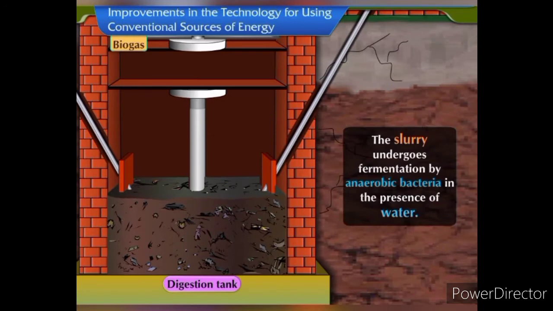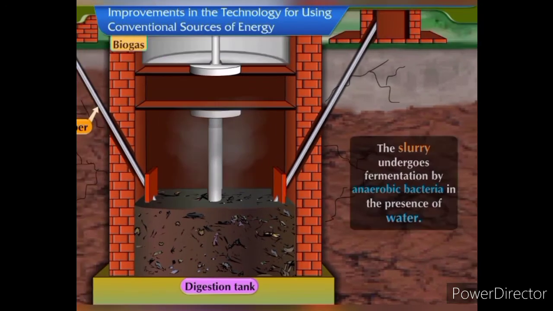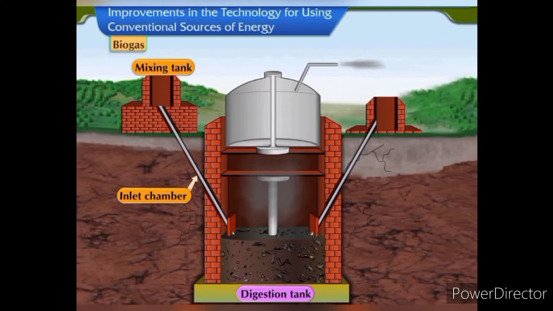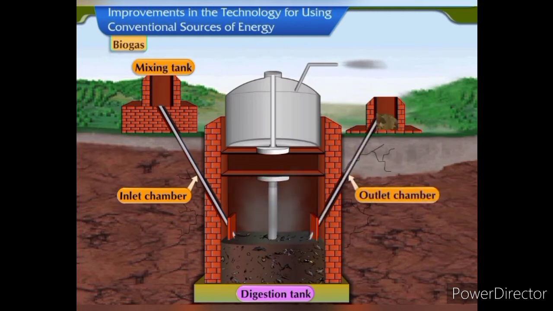As a result of the fermentation, biogas is formed, which is collected at the top of the dome. As more and more biogas is formed, it exerts pressure on the slurry in the digester and forces it to go into the overflow tank through the outlet chamber.